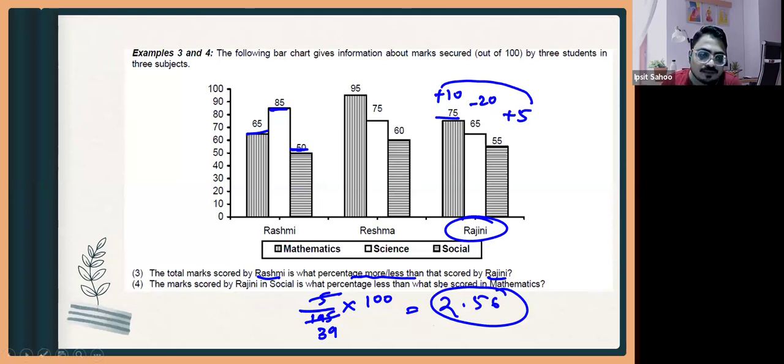What I have told is that after "than" or "of", whatever is written will be in the base. So after "than", Rajni's total score will be in the base, and Rasmi will be how much more or less than that. So you do not need to calculate Rasmi's total score. If you are getting the delta between Rasmi and Rajni, the difference of the totals is 5.